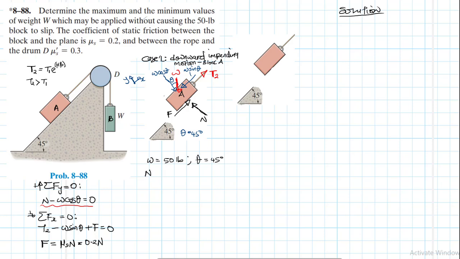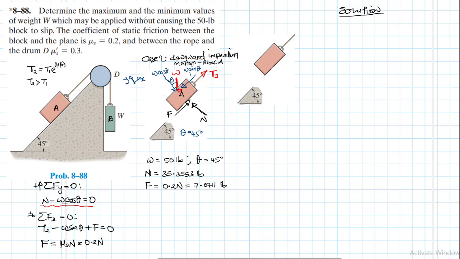Therefore, the normal force N will be equal to, when we punch it in our calculator, 35.3553. What units here? Pounds, right? So since we know that F is equal to 0.2 times N, this will give us a value of 7.0711 pounds.